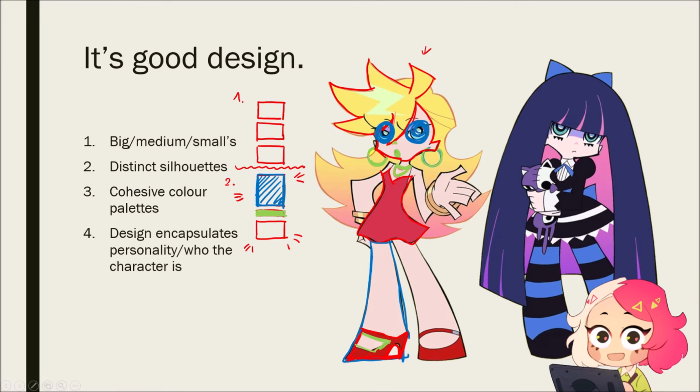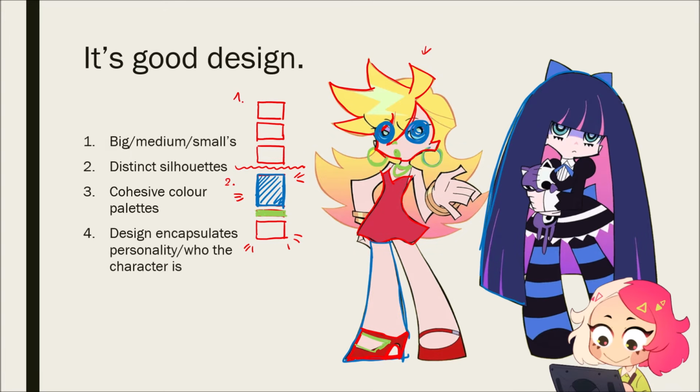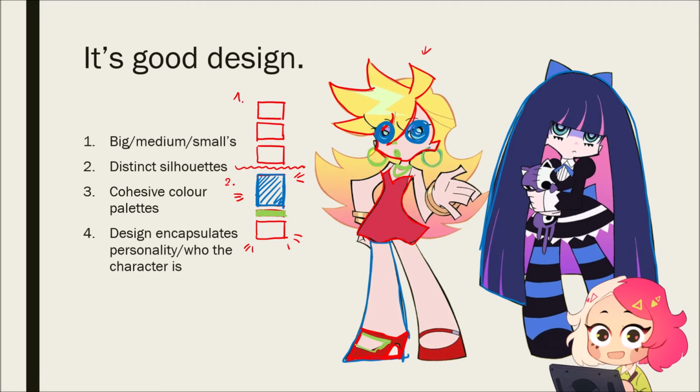Same with, if we were to quickly analyze Stocking, who is the goth character, obviously the first thing we see is the beautiful dark hair. That is a humongous shape. Drawing this is making me realize that these two are literally Kiki and Boba.